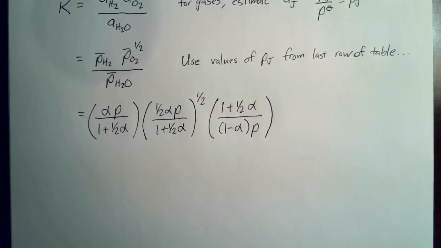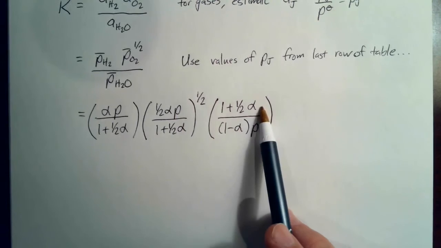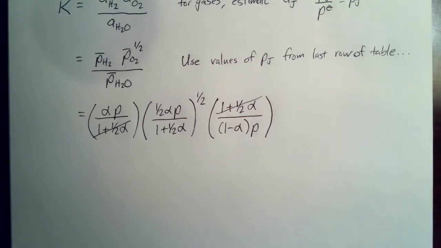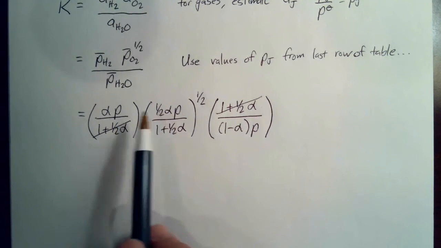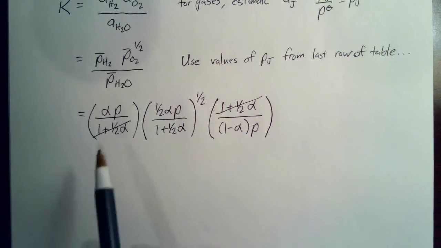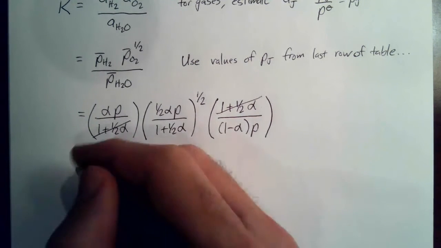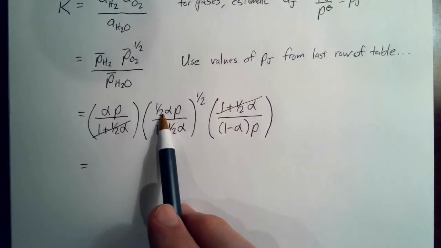Okay, so we're done with the table, so I moved it out of the way, and now let's make some simplifications. First of all, I see this 1 plus 1/2 alpha and 1 plus 1/2 alpha. I've got 1 in the denominator and 1 in the numerator, so those are going to cancel. And next, I'm going to combine the alphas together. So I have alpha times alpha to 1/2, so that's alpha to the 3/2. And I'm going to combine the p's. So that's p times p to the 1/2, so p to the 3/2. And I also have 1 over root 2.